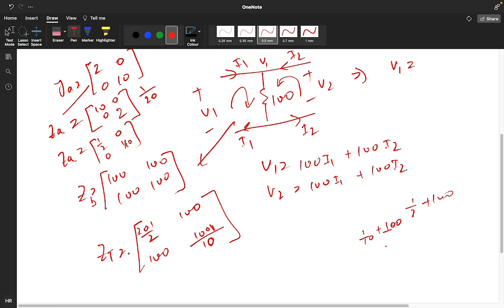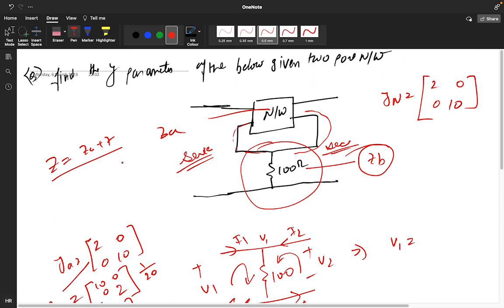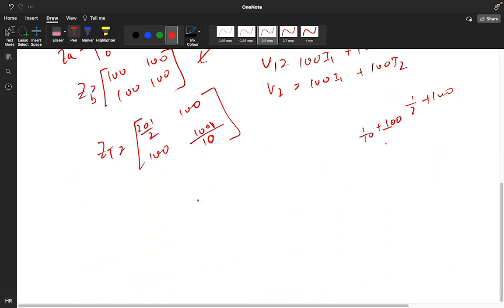But in the question, what do you need to find? You need to find the Y parameter. Now you have the Z parameter. Again, for the Y parameter you have to take the inverse. So solve the inverse of this, with 1001 by 10 and 1001 by 10. First solve the determinant.